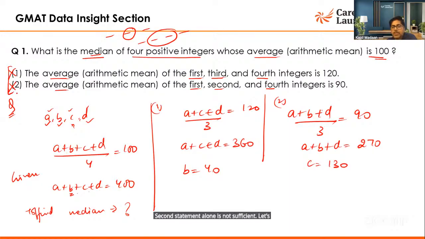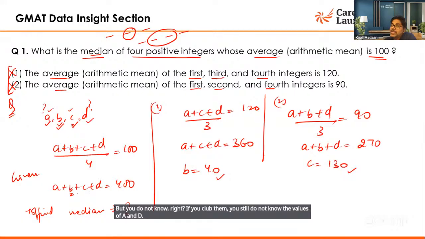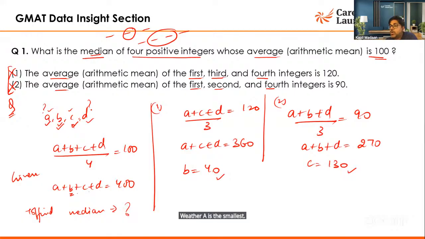Let's club them. If you club them, B is known and C is known, that is 40 and 130, but you still do not know the values of A and D. Whether A is the smallest, or the largest, or comes in between B and C, we don't know. So nothing can be calculated from the information given.